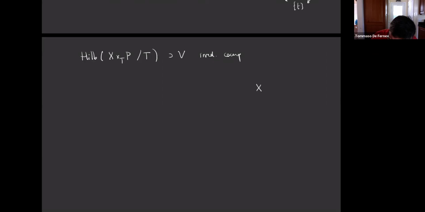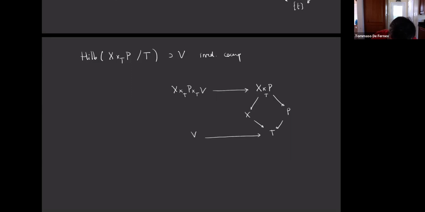So let me actually write it again. We have this map here to T, and here I'm going to base change to V. So there is a map here from V to T.